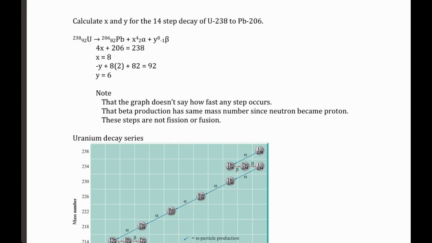Calculate: x is 8. And we have that 92 is equal to 82 plus 2x minus y. We know x is 8, so we end up with negative y plus 8 times 2 plus 82 equals 92, or y equals 6. So later on, go through that and just make sure that you can do it.